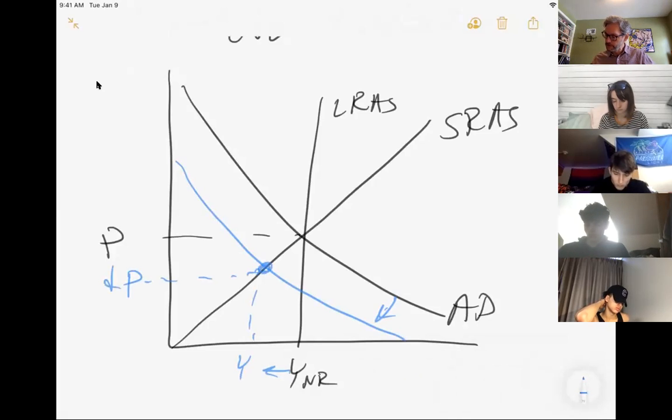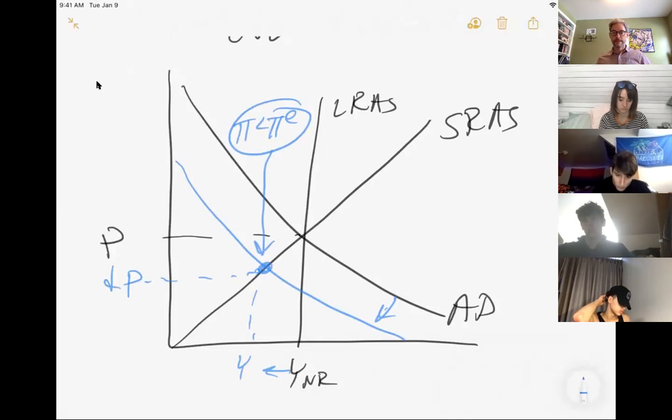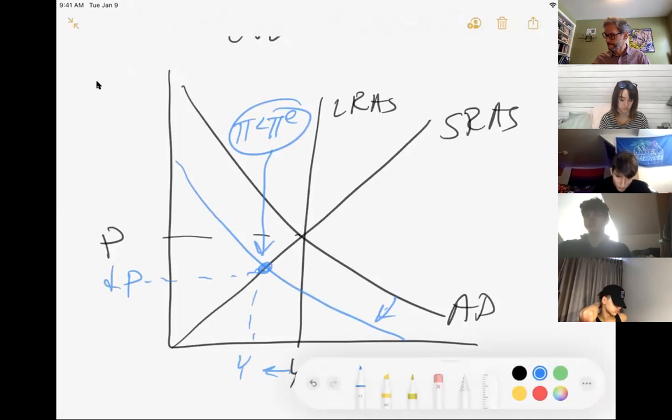And when we get to this new spot, we know that actual inflation is less than expected inflation at this point. The blue is our recession. Now, the green is the recovery.